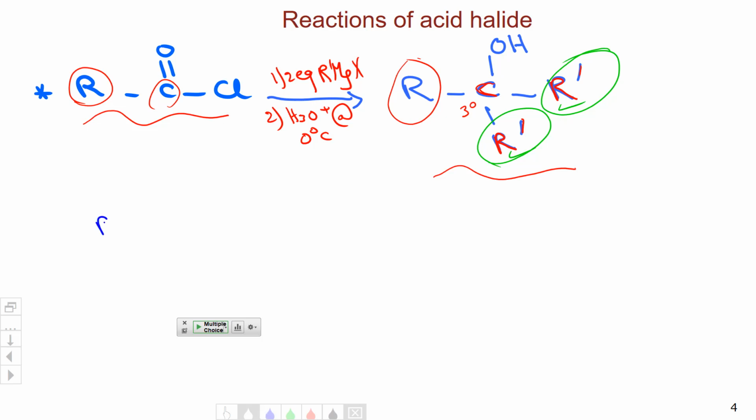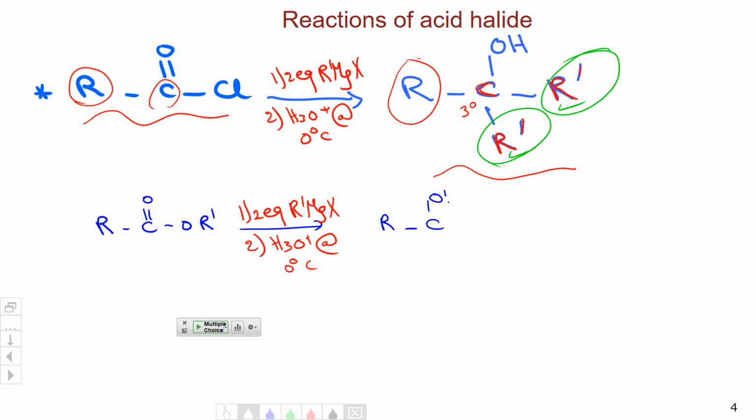It's exactly the same reaction we learned for the ester in chapter 19. And that would be R prime, R prime.